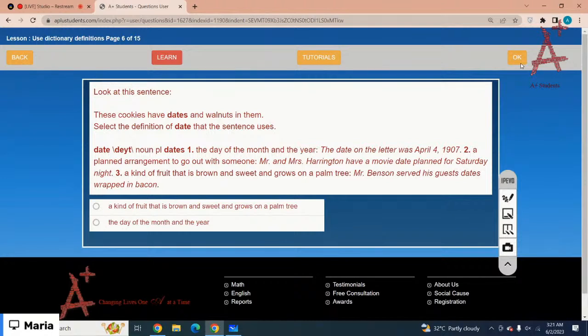So, which is the correct option? Yes, that would be a kind of fruit that is brown and sweet and grows on a palm tree. Got it?